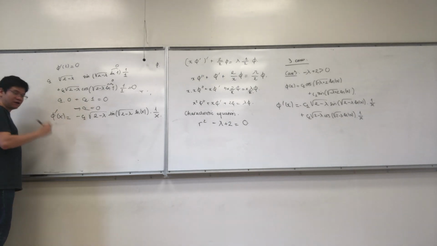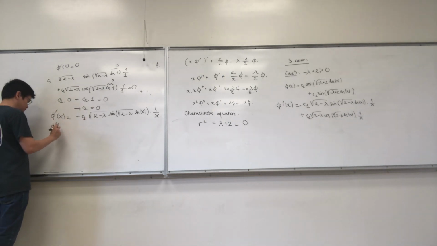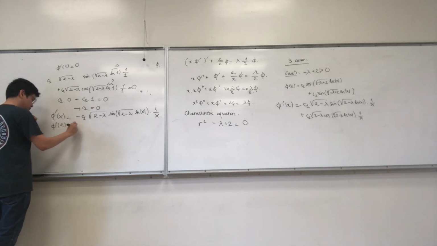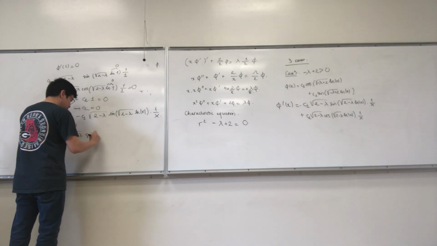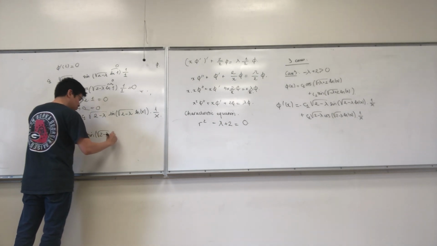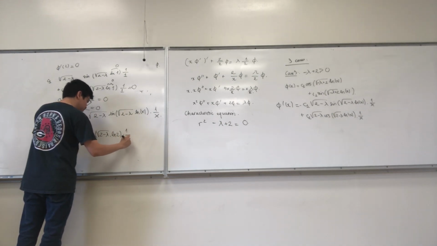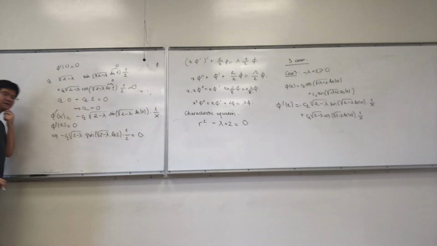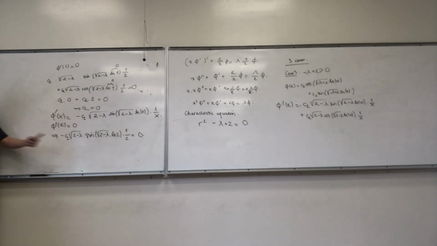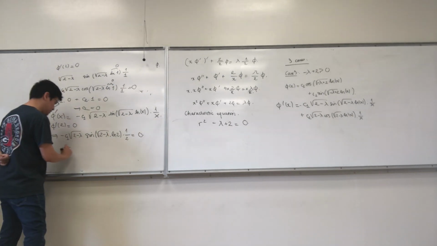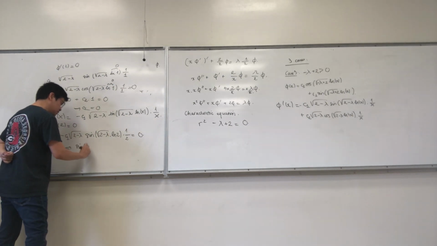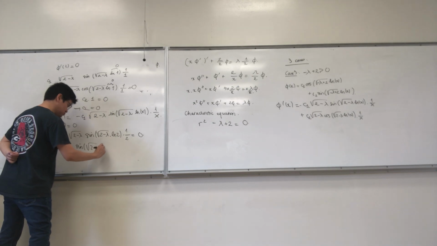So I'm going to plug in the outer boundary condition. So phi prime at 2 is 0, which means that minus C1 square root of 2 minus lambda sine of square root of 2 minus lambda times log of 2, times 1 over 2, is going to be 0. But lambda is smaller than 2, which means that you have sine of square root of 2 minus lambda times log 2 is 0.